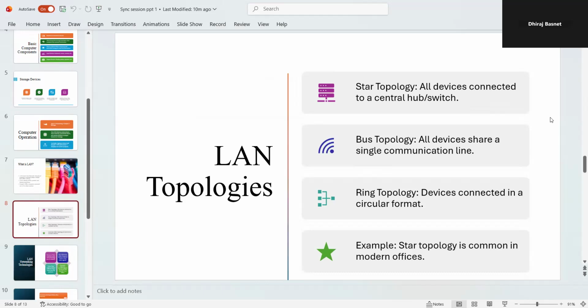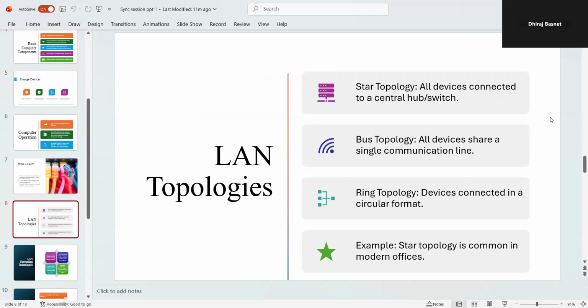We are also going to discuss LAN topology. LANs can be organized in different physical and logical structures called topologies. In star topology, all devices are connected to a central hub or switch. It's easy to manage and troubleshoot. In bus topology, all devices share a single communication line, which is cost effective but less reliable.